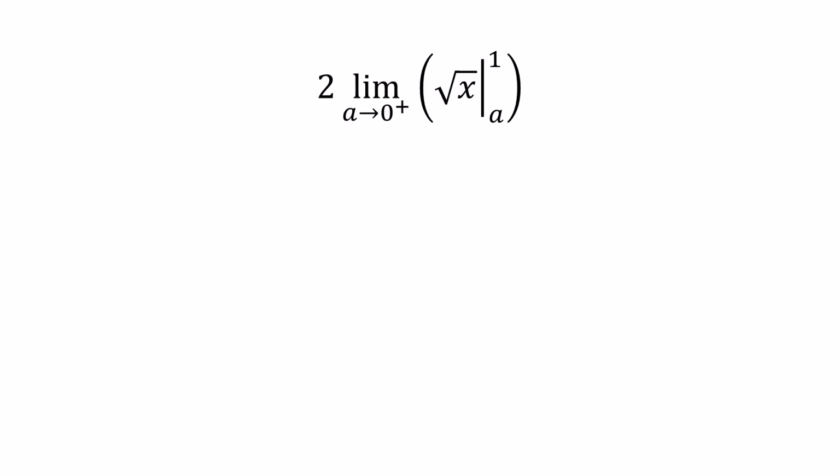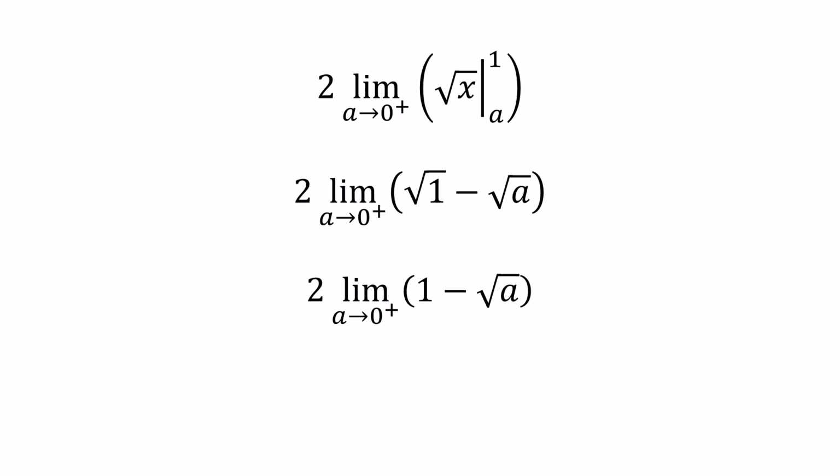Applying the fundamental theorem of calculus, we get 2 times the limit as a approaches 0 plus of root 1 minus root a. Taking the square root of the first term gives 2 times the limit as a approaches 0 plus of 1 minus root a.